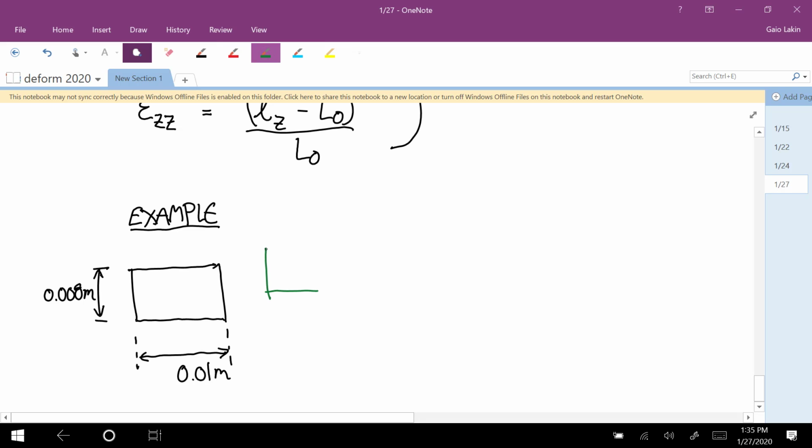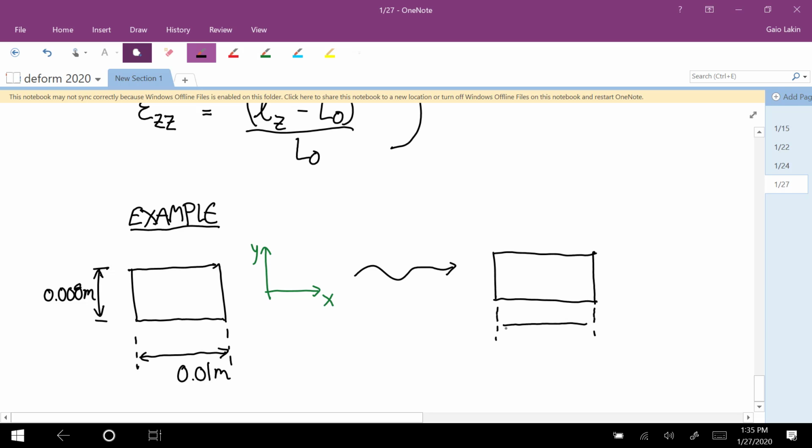And I'm using the coordinate system that we're most used to. And then after the deformation, it's gotten longer in the X direction and shorter in the Y direction. So let's say in the x direction, this is now 0.011, and in the y direction, this is 0.007 meters.